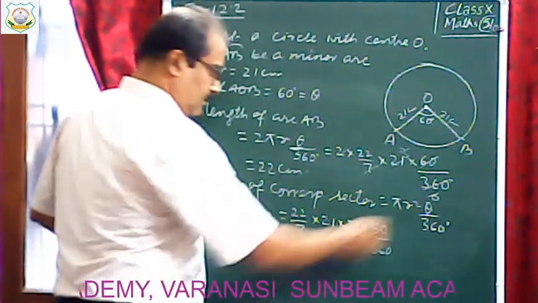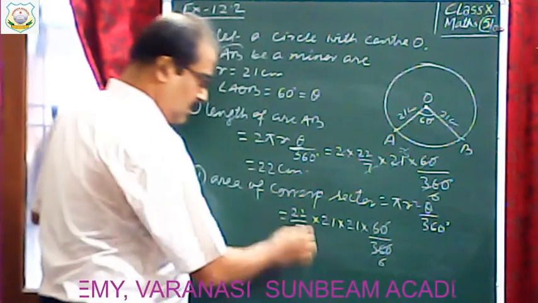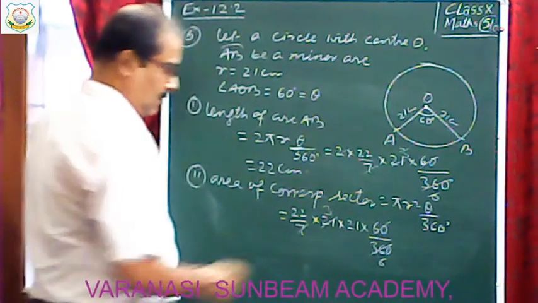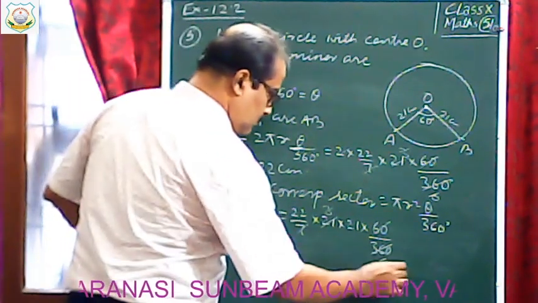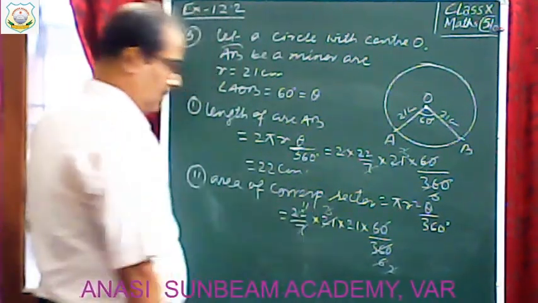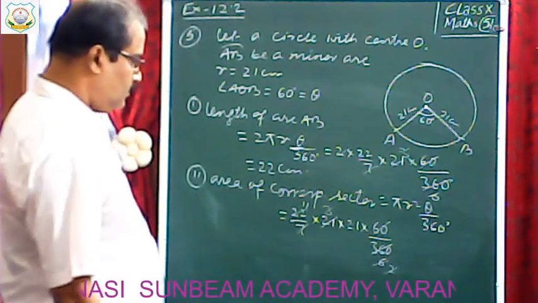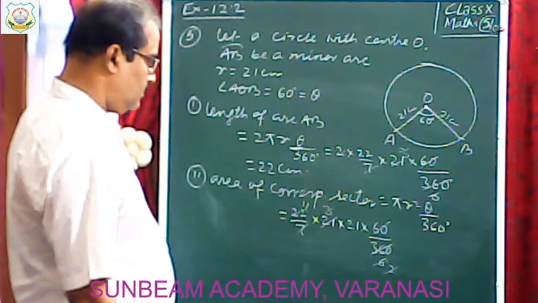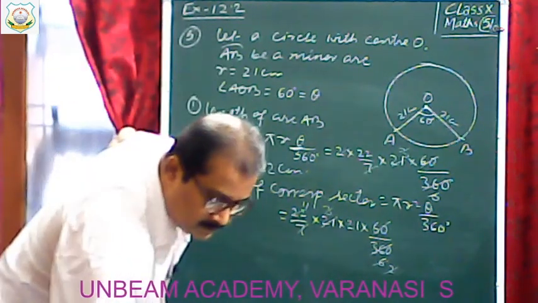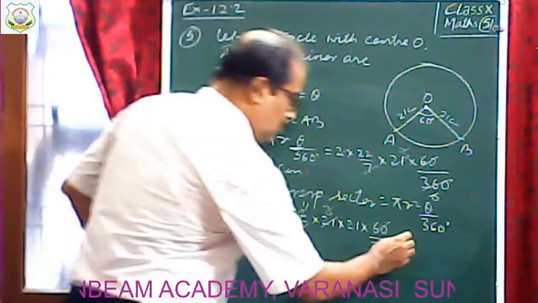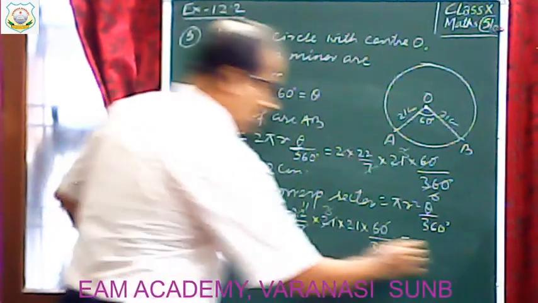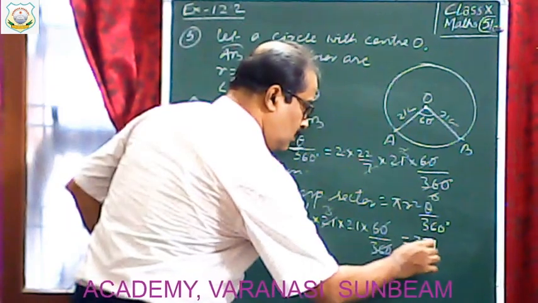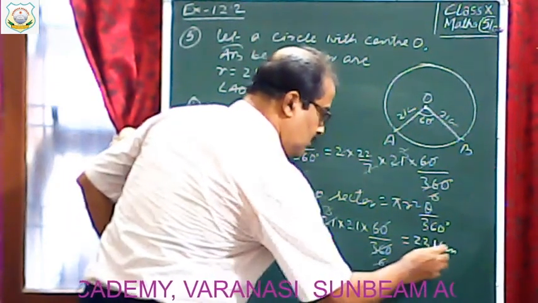Calculate. 6. So 11 into 21 gives 231 centimeter square.